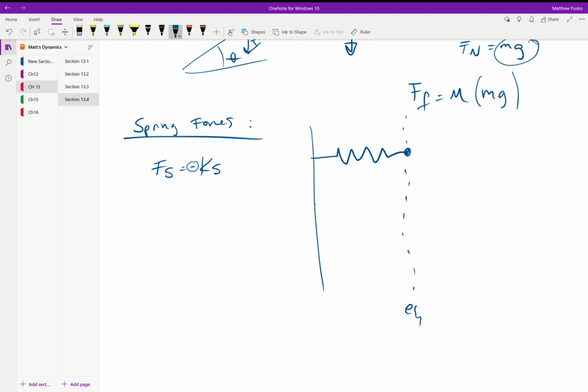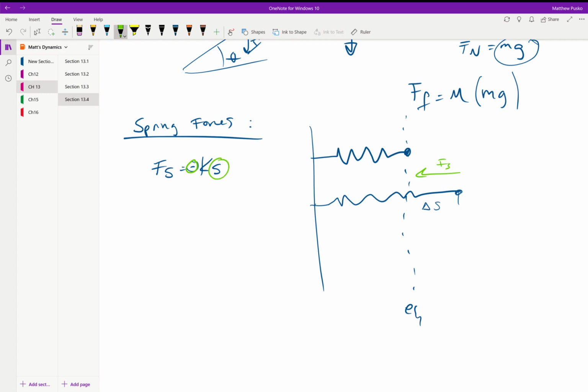If I pulled that out some delta s to here, the force itself, even though I pulled it to the right, is going to act back to the left. So that's where the minus sign comes from. It acts in the opposite direction of the displacement.